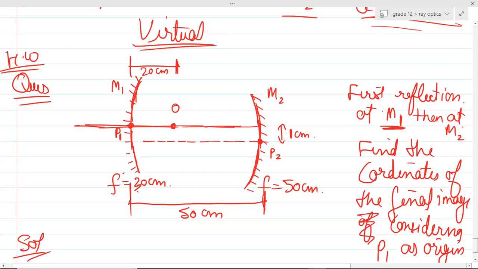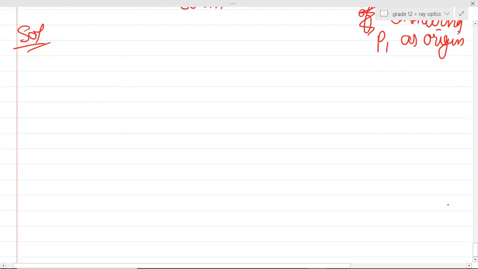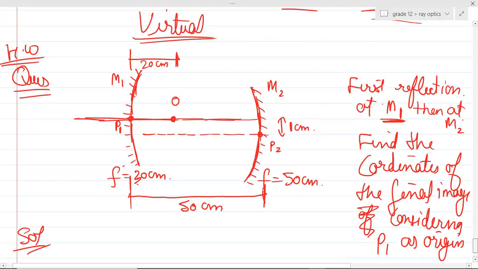So this is the last thing, and now you can leave five pages, guys. Leave 5 pages for JEE-level stuff.